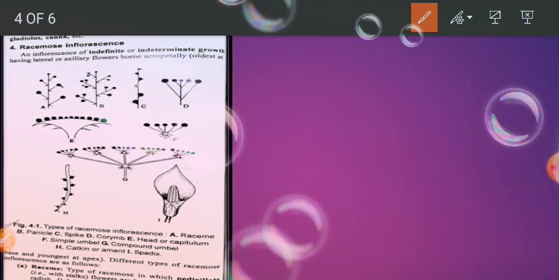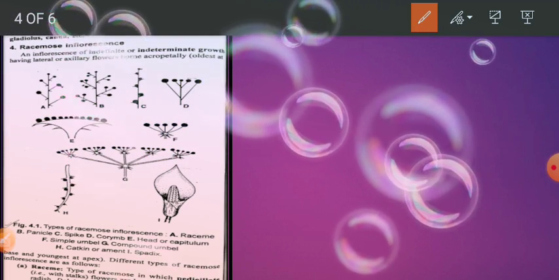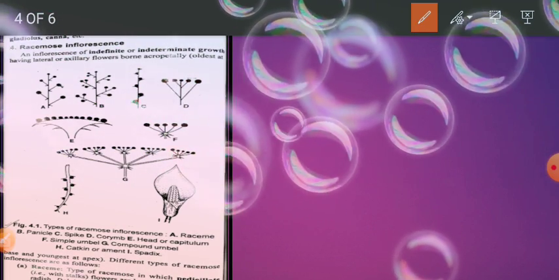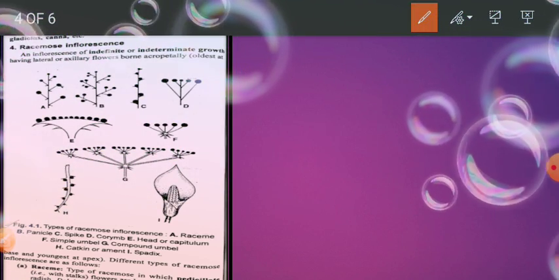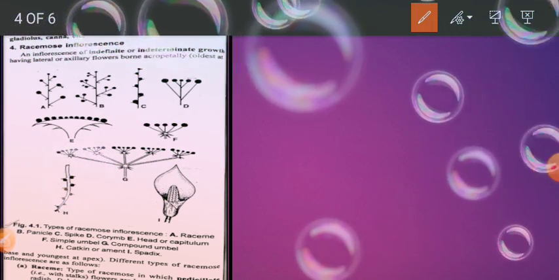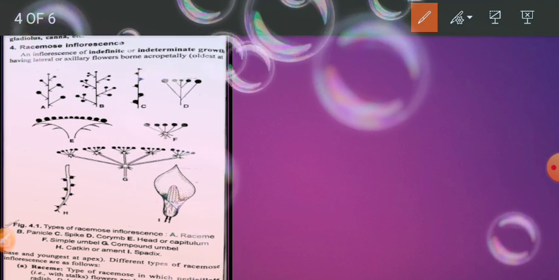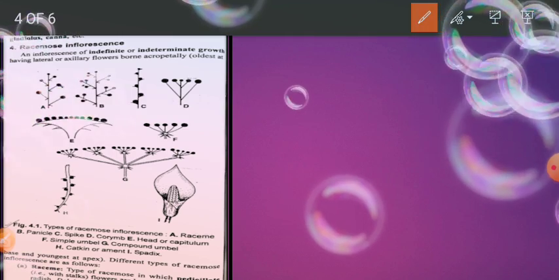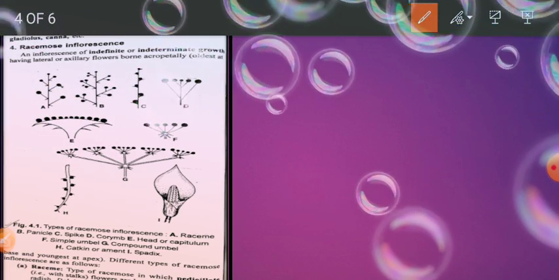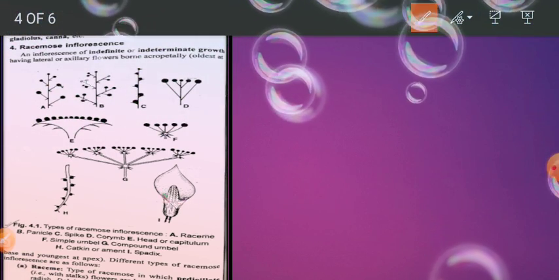There are various types, and in nature we have seen so many flowers with different arrangements. These are classified on the basis of the arrangement of the inflorescence.